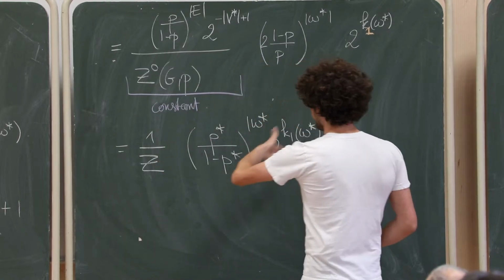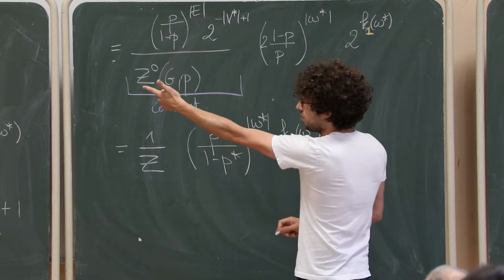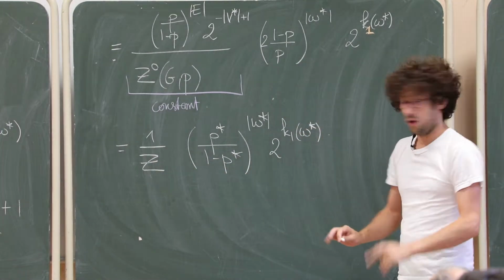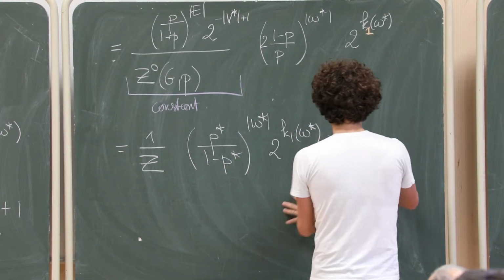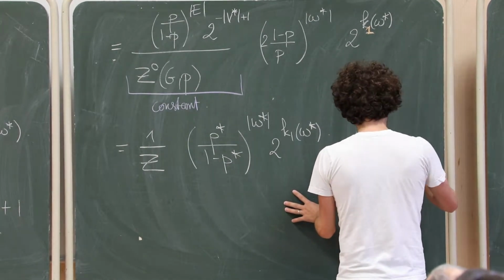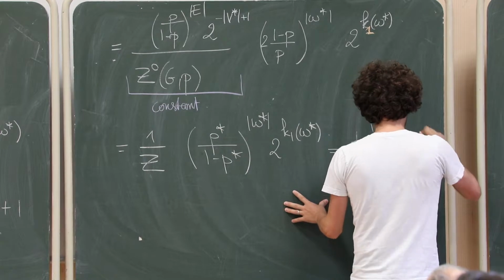This constant, since when I'm summing over every possible omega I get 1, has to be the partition function of my measure, and therefore I get phi 1 G star p star of omega star.